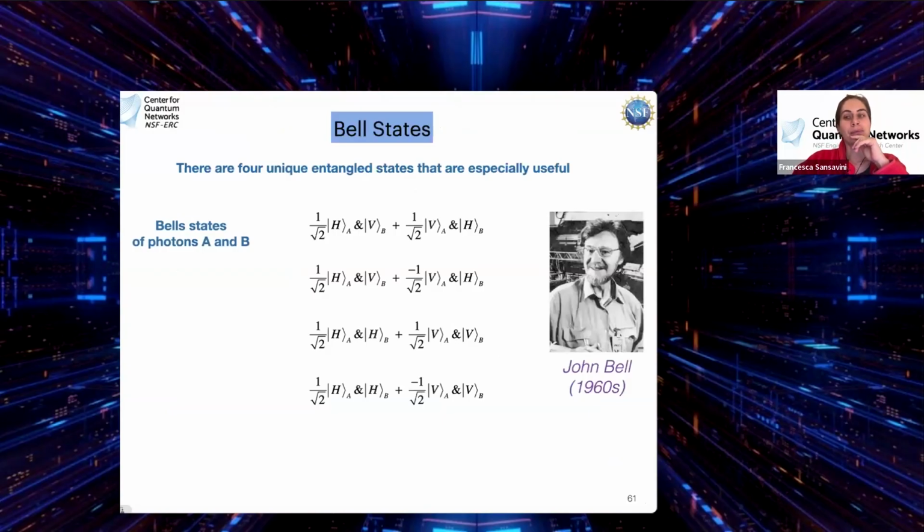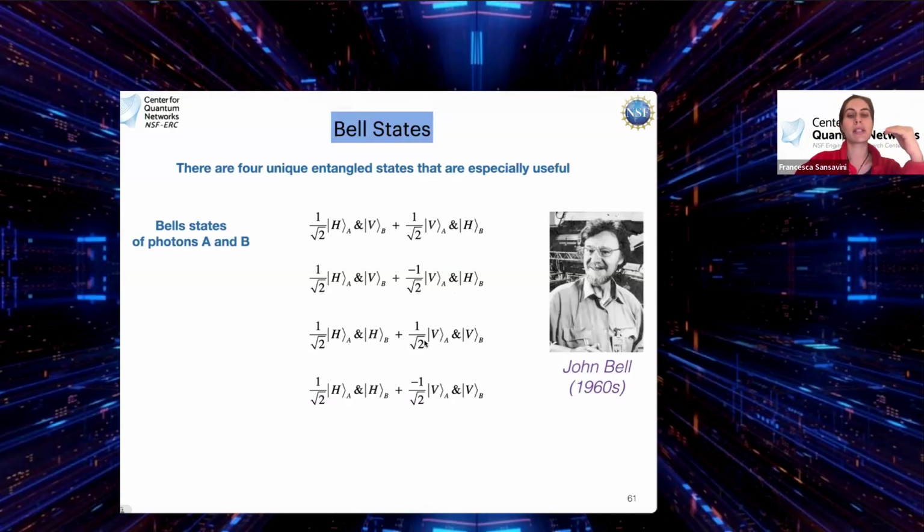And now I'm going to mention this because typically we use especially useful entangled states, which are called Bell states. In the polarization degree of freedom, they look like you can see here on the slide. So we have HV plus or minus VH normalized by 1 over square root of 2.